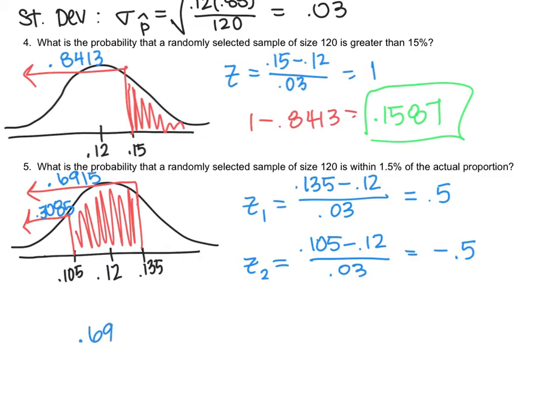So 0.6915 minus 0.3085. And we're going to get 0.383.